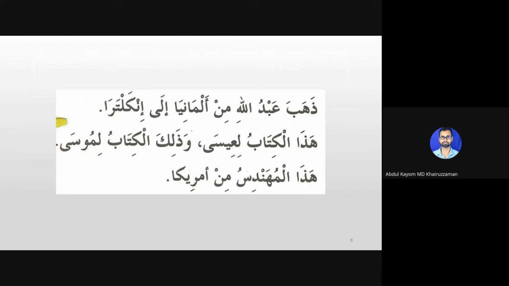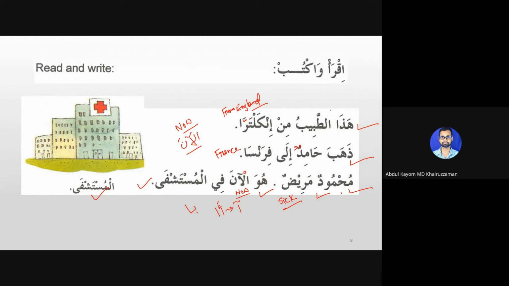Next line. Ana means me, like I. This is how we write ana. This ana means I. I am. So ana mudarrisun, I am a teacher. Ana talibun, I am a student.